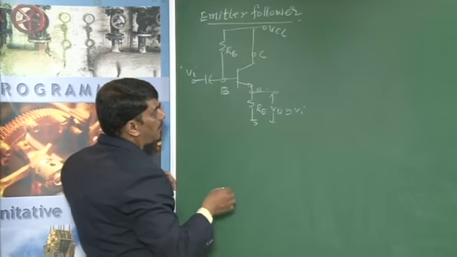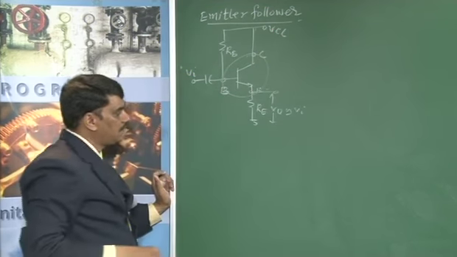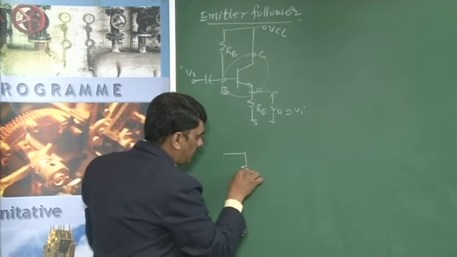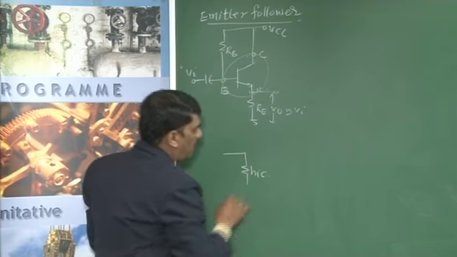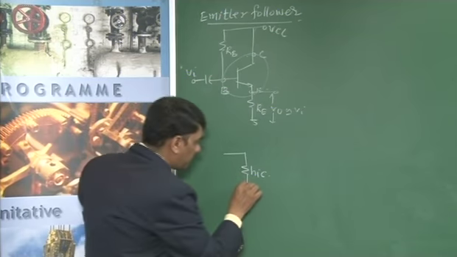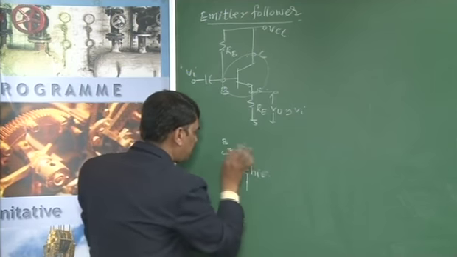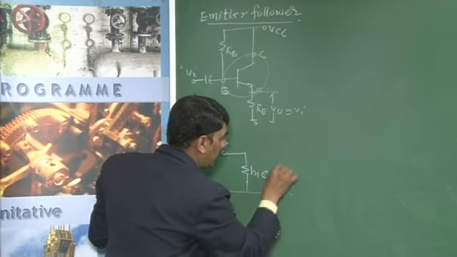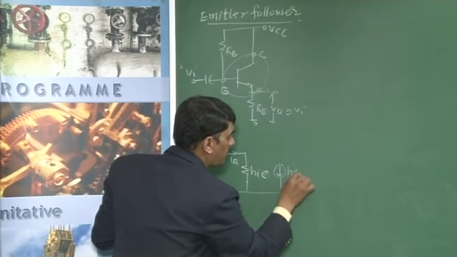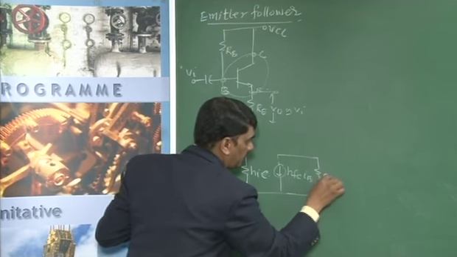For this amplifier analysis, you have to replace the transistor in the circuit with its simplified hybrid model. One way of analyzing this is the common collector configuration, with hic, and then the current IB, and hfc IB, and the output is taken across RE.